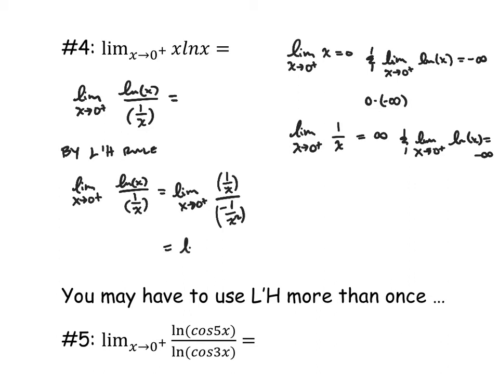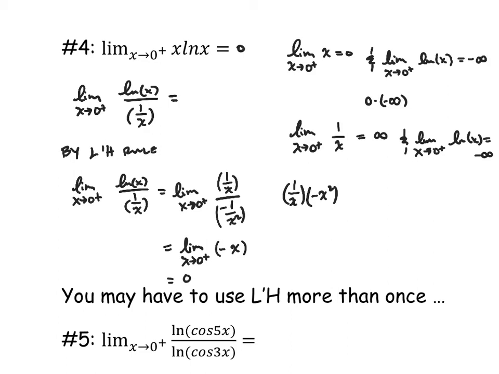This would be equal to the limit as x approaches 0 from the right of negative x. Now, how did I get that? I took 1 over x, multiplied it by negative x squared. Right? The reciprocal: instead of dividing by negative 1 over x squared, I multiplied by negative x squared. So, of course, this would evaluate to 0, and therefore 0 times infinity in this case ends up equaling 0.